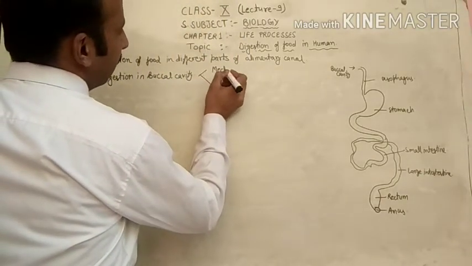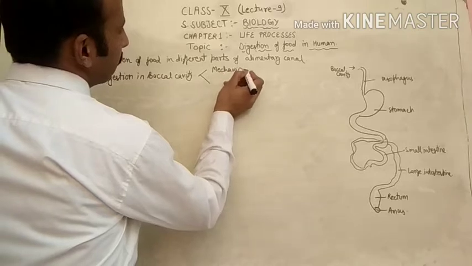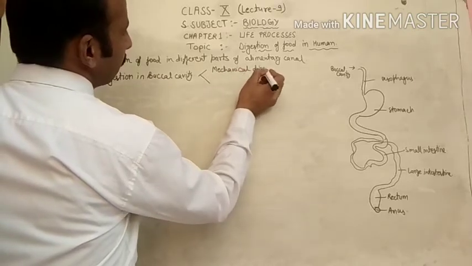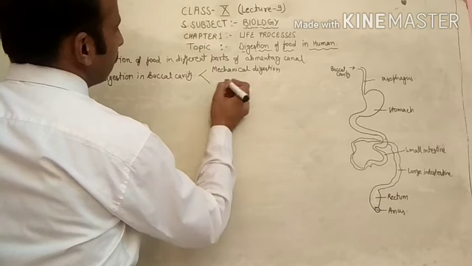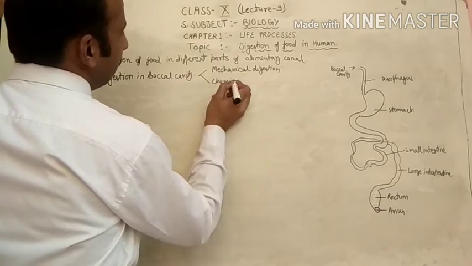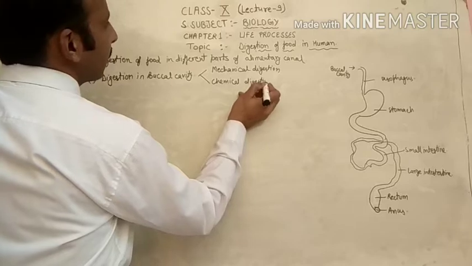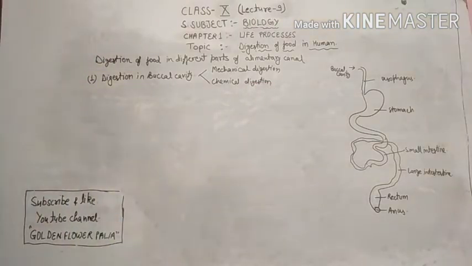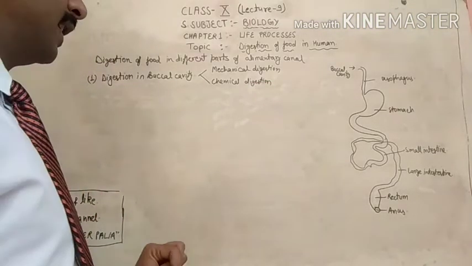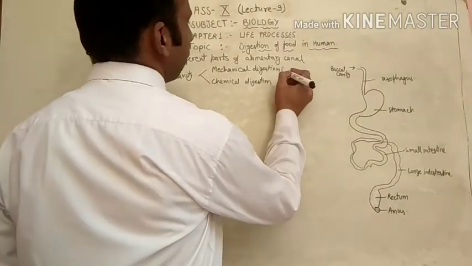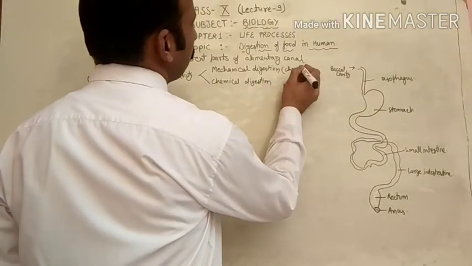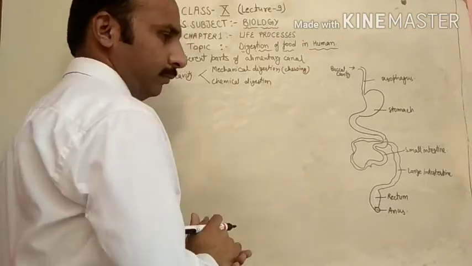First one is mechanical digestion and second one is chemical digestion. Mechanical digestion means chewing of food.